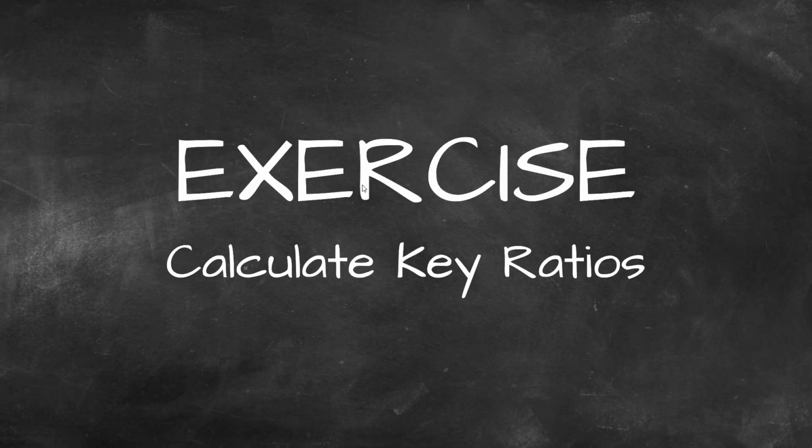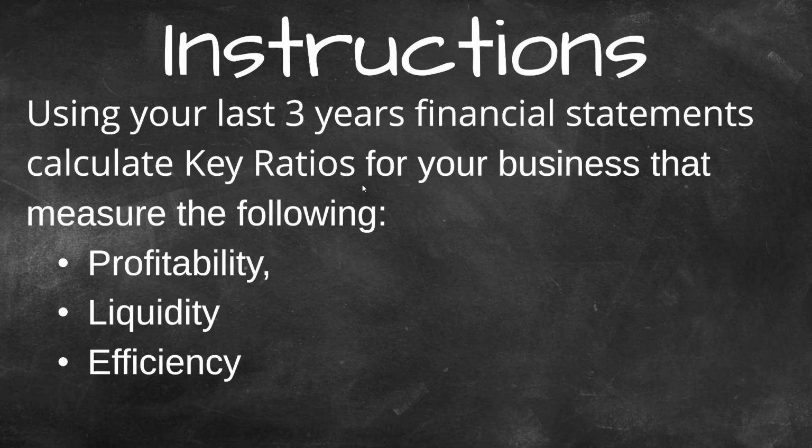Now, there's an exercise for you to calculate the key ratios for your business over the last 3 years, focusing on profitability, liquidity, and efficiency. As I said, we're not going to cover all of the ratios like acid test or capital adequacy. Just for these three ratios, I want you to calculate them for the last 3 years for your business. I've already put the exercise there for you.